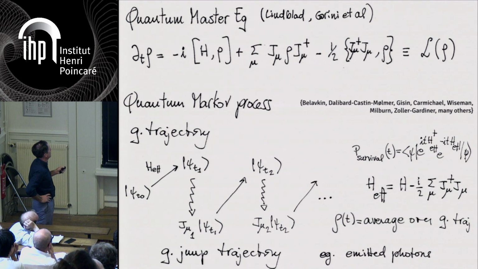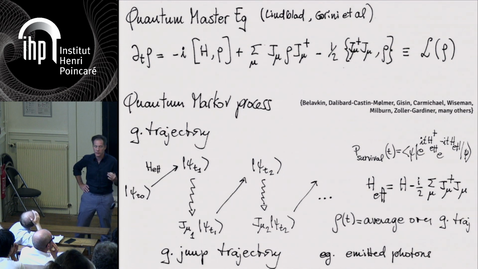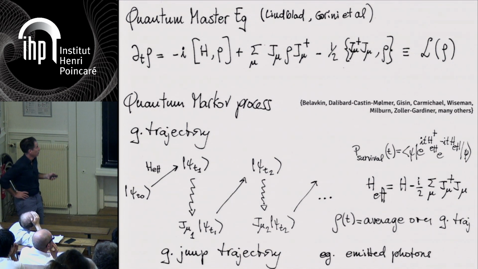I'm going to call a quantum trajectory unfolded in terms of quantum jumps: the state, let's say it's pure, evolves until there is a jump and an emission into the environment, evolves, emission into the environment, and so forth. This evolution occurs over times that are distributed according to a survival probability controlled by the effective Hamiltonian, which is the Hamiltonian together with the other part of the Lindbladian, that form what one can think of as the escape rate operator for those jumps.